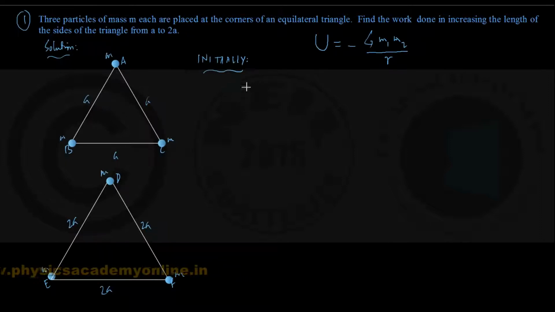So, let us write down initially the potential energy of the system of these three particles. I'm writing it U system initial.